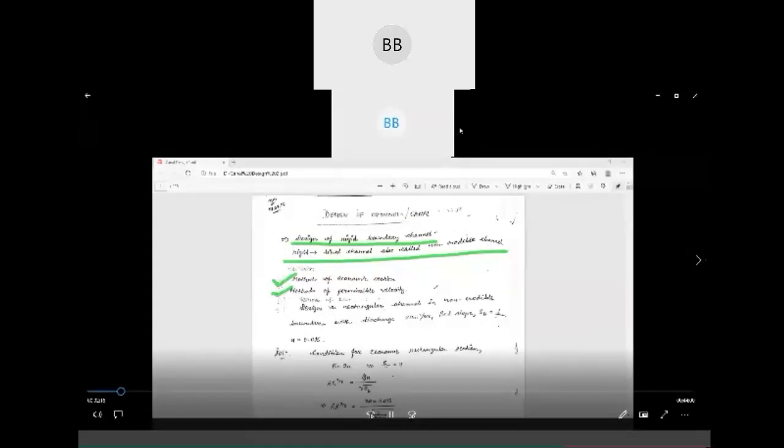You kindly write down: for designing of rigid boundary, or you can say non-erodible channel, we have two methods. One is method of economic section, and another one is method of permissible velocity.